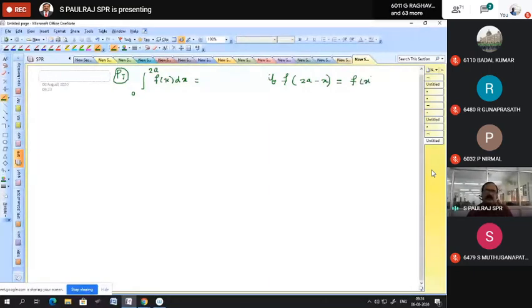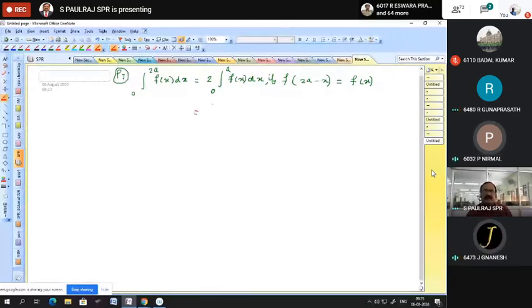If f of 2a minus x and f of x are equal, then the answer is 2 times integral 0 to a f of x into dx. Then you have to solve the problem. When will you use this formula? When f of 2a minus x equals f of x.